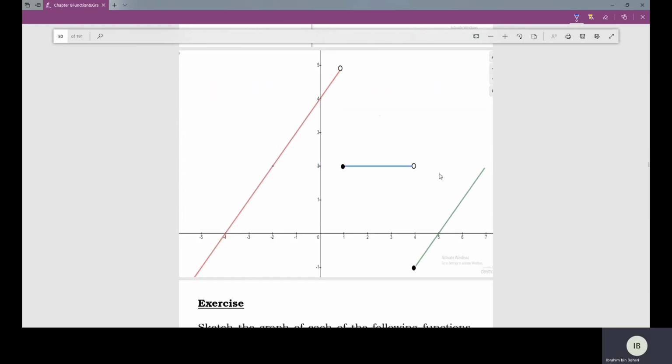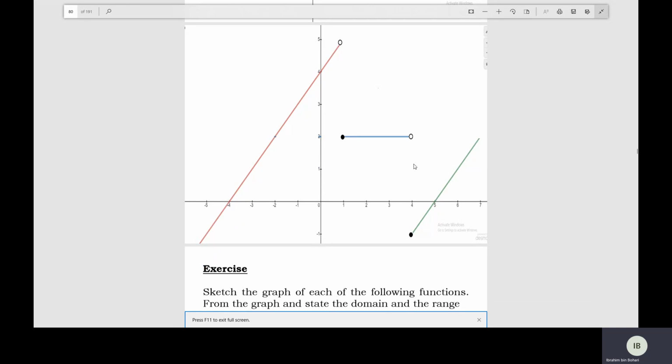First function, from the left of the function, the graph of f(x) equals x plus 4. Here you put the dash.